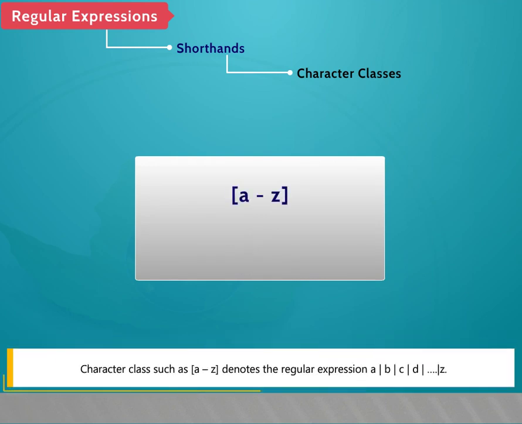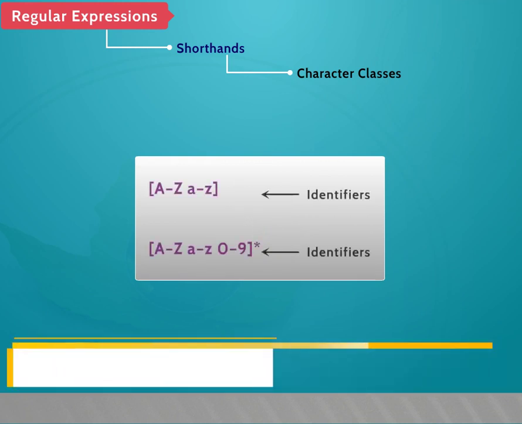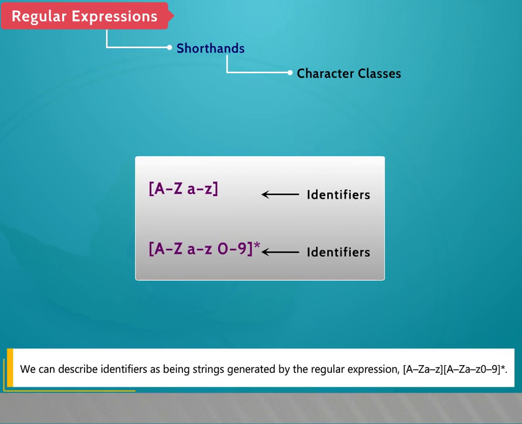A character class such as [a-z] denotes the regular expression a|b|c|d up to z. We can describe identifiers as being strings generated by the regular expression [A-Za-z] ([A-Za-z0-9])*.